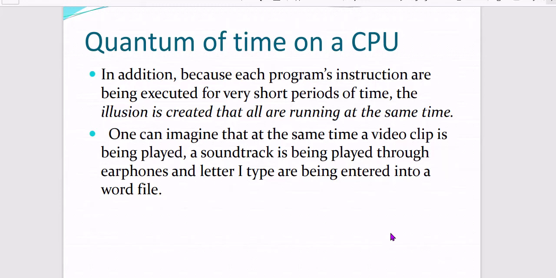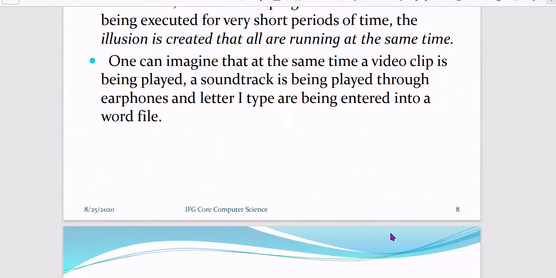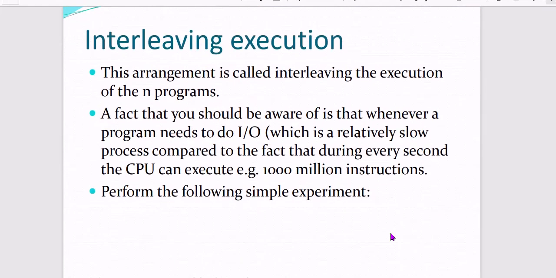And one can imagine that at the same time a video clip is being played, a soundtrack is being played through earphones, and the letter I is being typed and entered into a Word file. It's as though all three events are happening at the same time. And this arrangement is called the interleaving of the execution of the three programs.